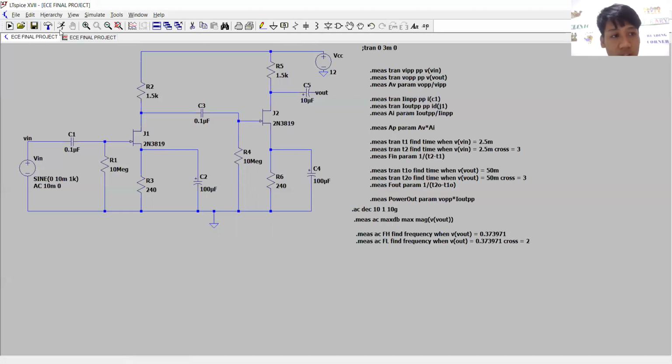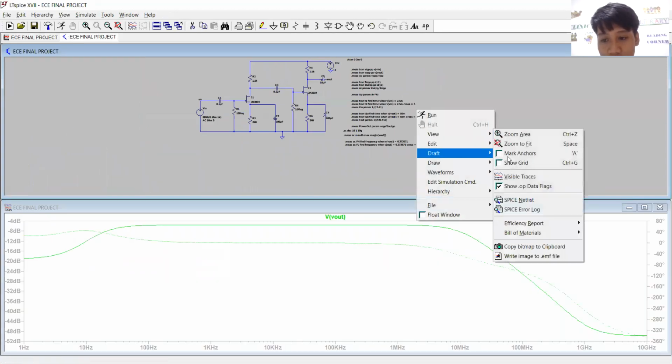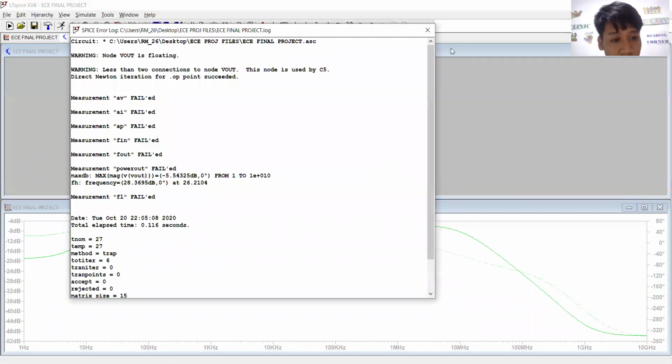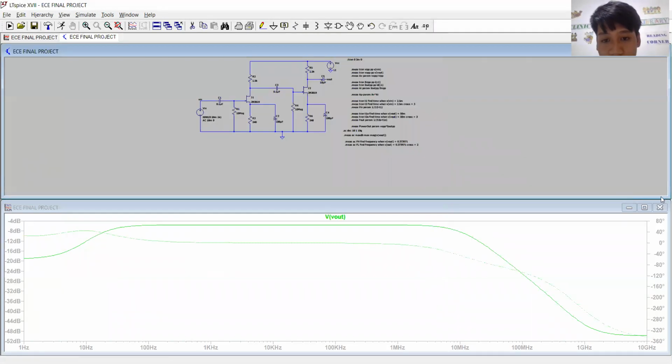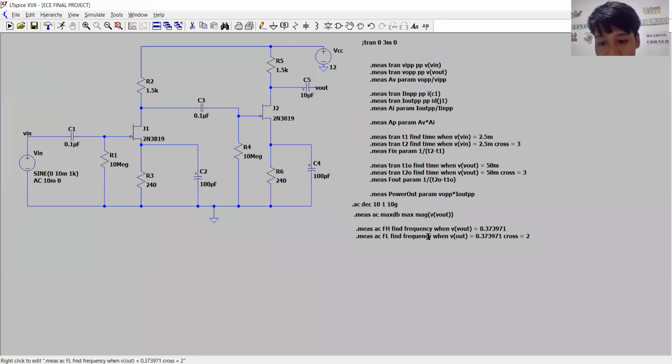And with that, we can finally find the FH and FL. Oh, I'm sorry. FL.